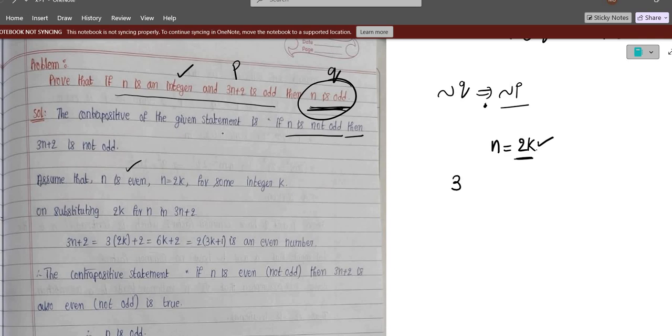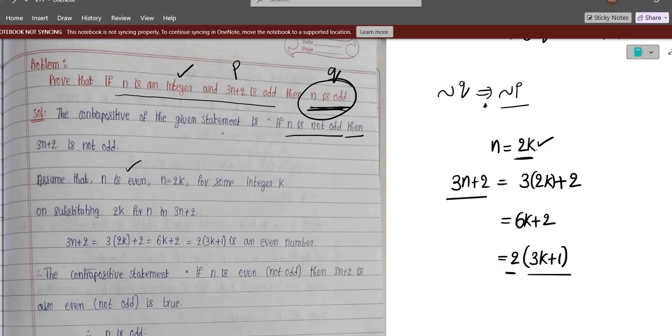Substitute this 2k value in the place of n. Then 3n plus 2 becomes 3 into 2k plus 2. So 3 times 2k is 6k plus 2. Take 2 common, and we get 2 times 3k plus 1. Observe, here I am writing 3n plus 2 as 2 into some integer.